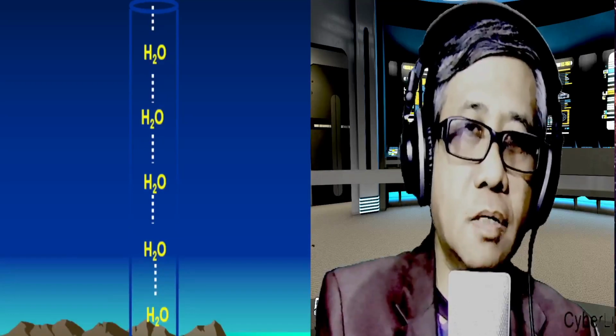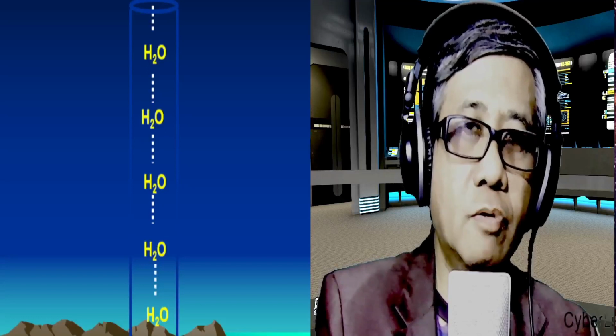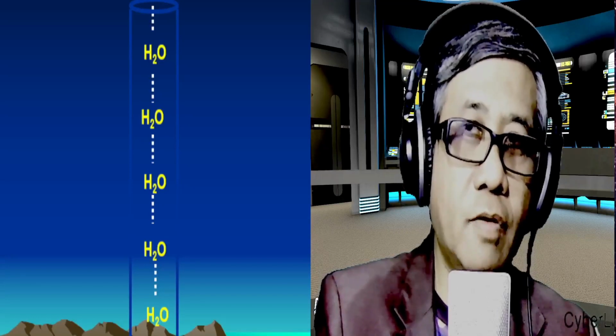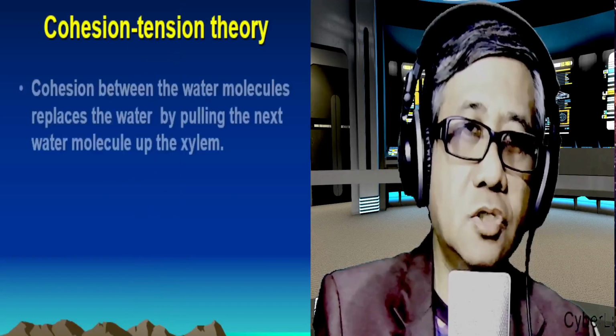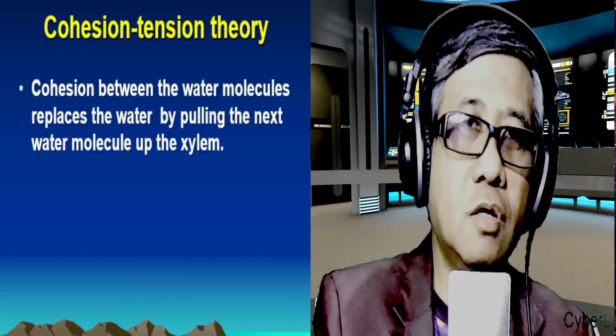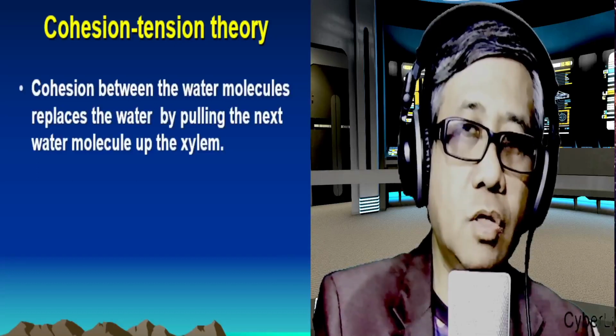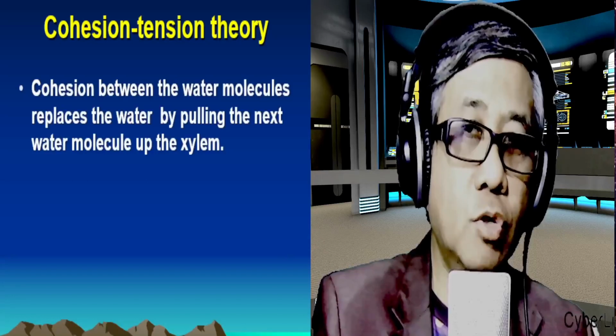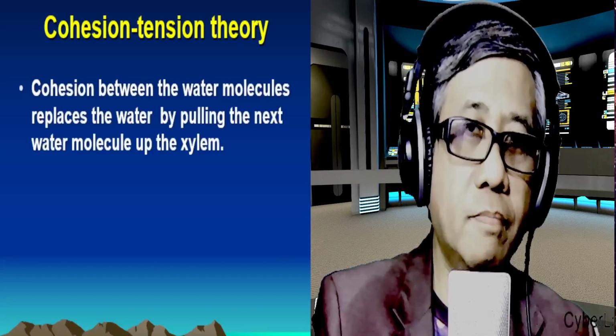Now, to summarize the process involved in the cohesion tension theory, let's take a look at the following concepts. Again, we have to take note that cohesion between water molecules replaces water by pulling the next water molecule up the stem.